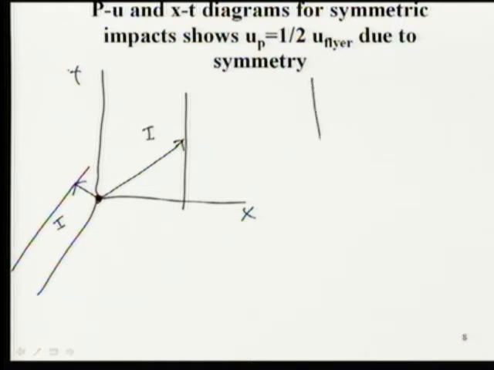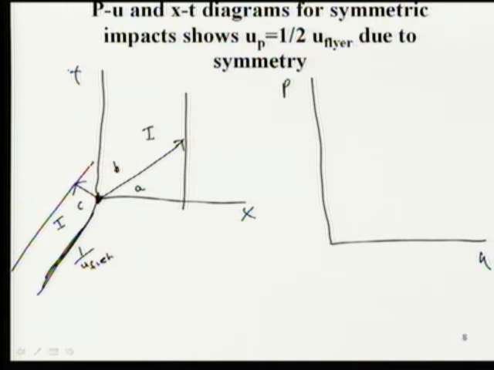So to look at the PU diagram, we have A, B, and C here. Well, 1 over the slope here is the flyer velocity, and it impacts at this point, sending a shock wave forward.